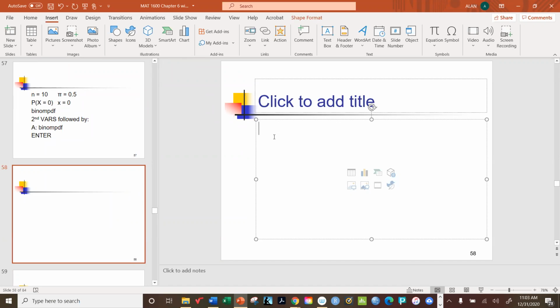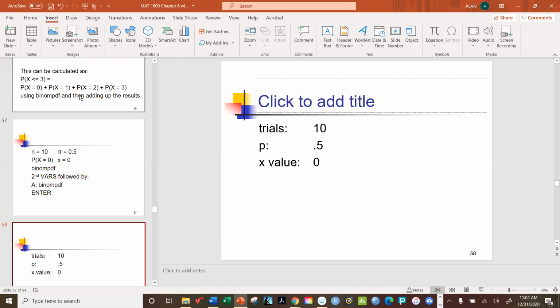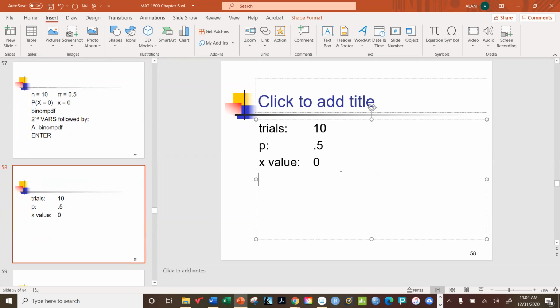If you have the 84, it'll ask you for trials, which means n. It'll ask you for p, which is 0.5, and the x value would be 0 in this case, because we're trying to calculate the probability that x equals 0. You'll plug in your numbers: 10, 0.5, and 0.